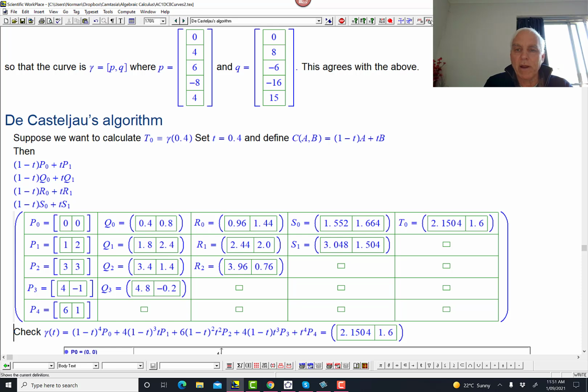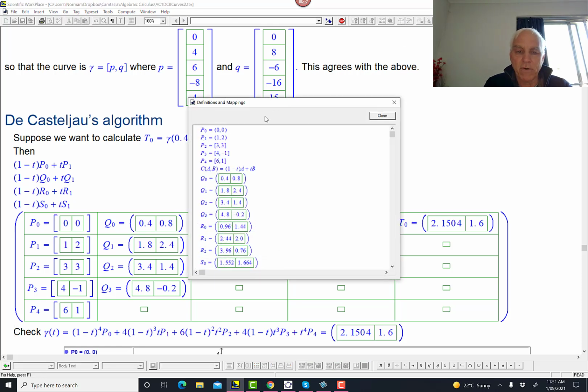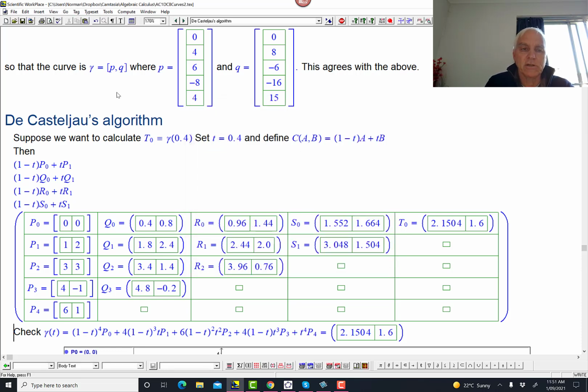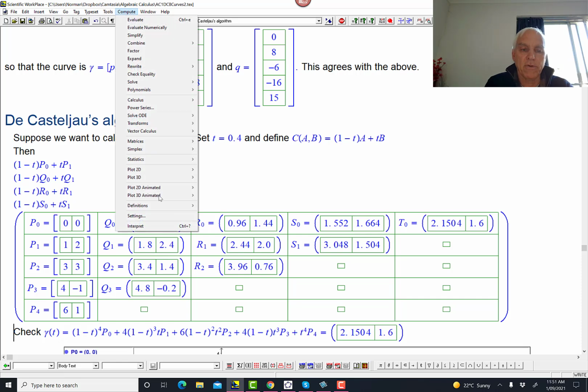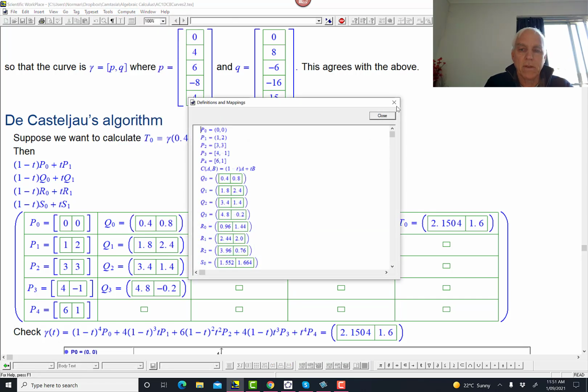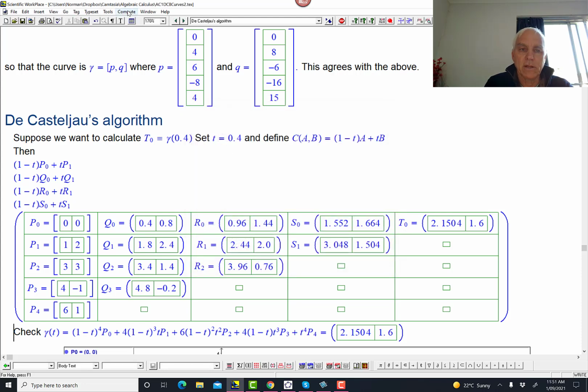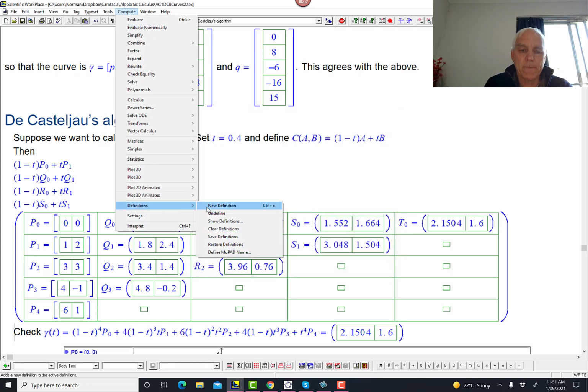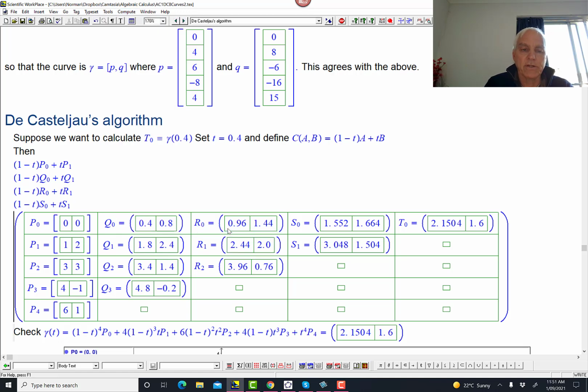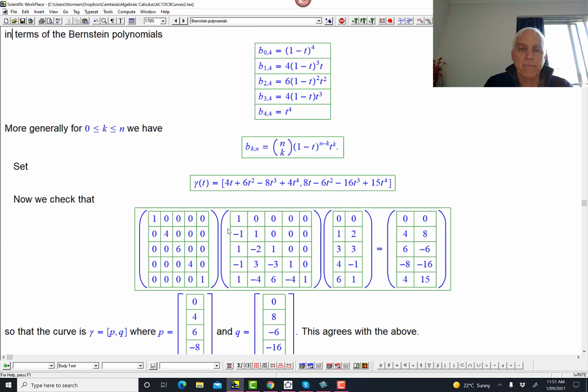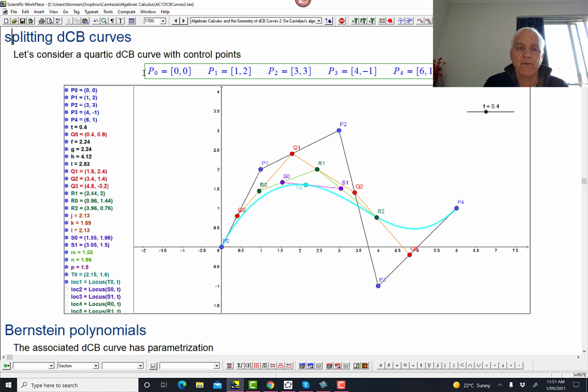So first of all, let me just remind myself what definitions we have. Just to be clear, let me clear all the definitions so I can show you what's really going on. Let's clear the definitions. Clear definitions, all right. Okay, and now let me just make sure that we have these definitions.